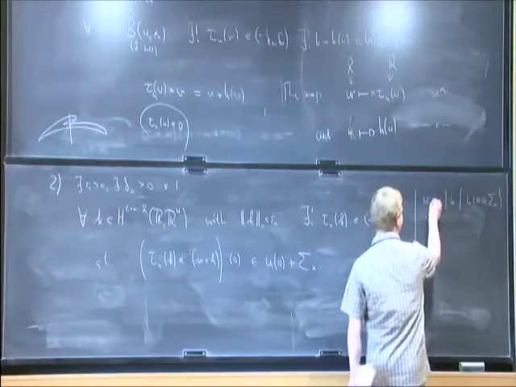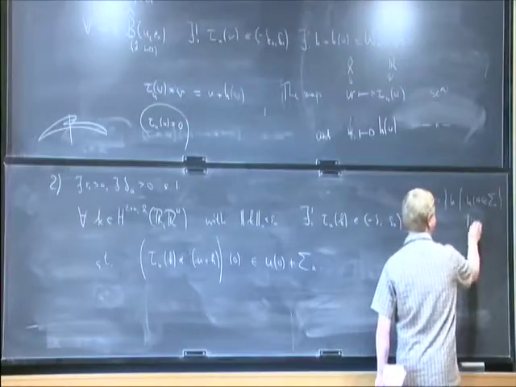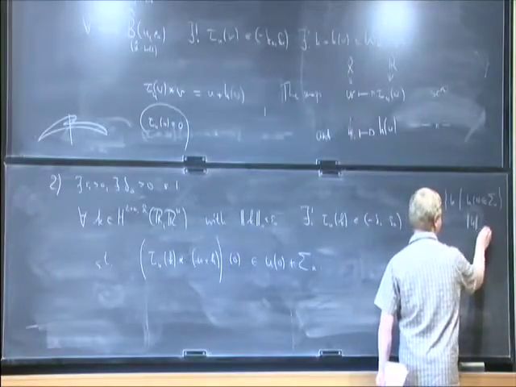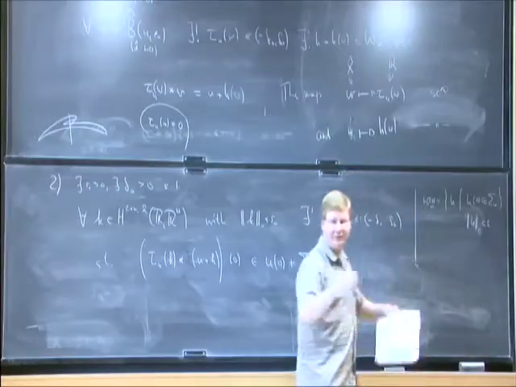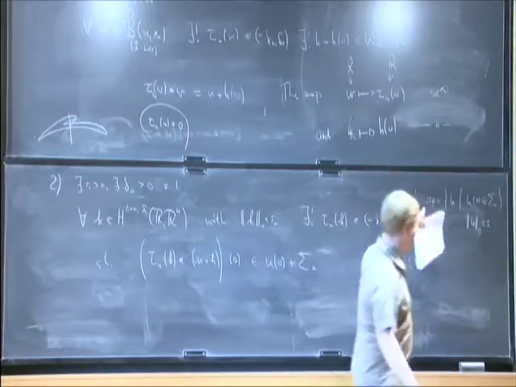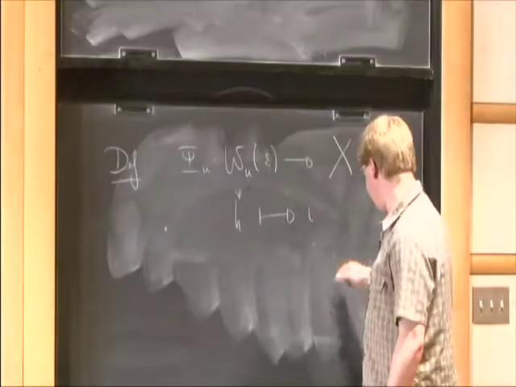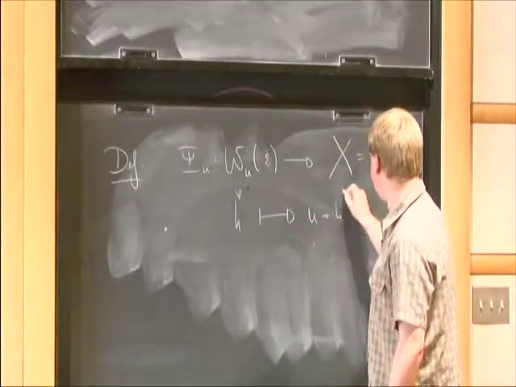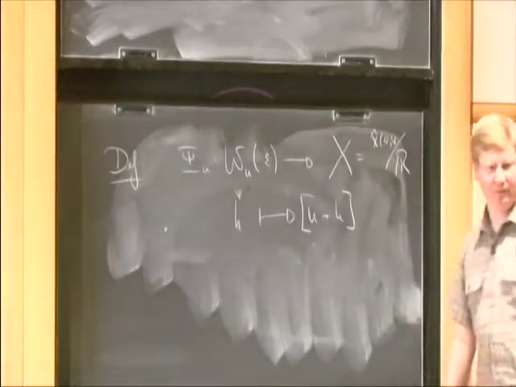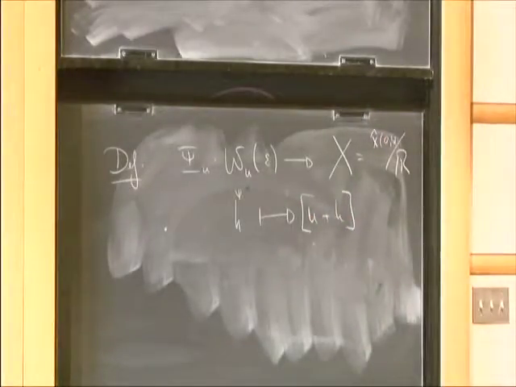If I put an epsilon here, then I also require that the 0 norm is smaller than epsilon. It's just the epsilon ball in this Banach space. And the map you do here is just take an H and map it to U plus H and take the equivalence class. That's not a chart. I think it's a local parameterization.